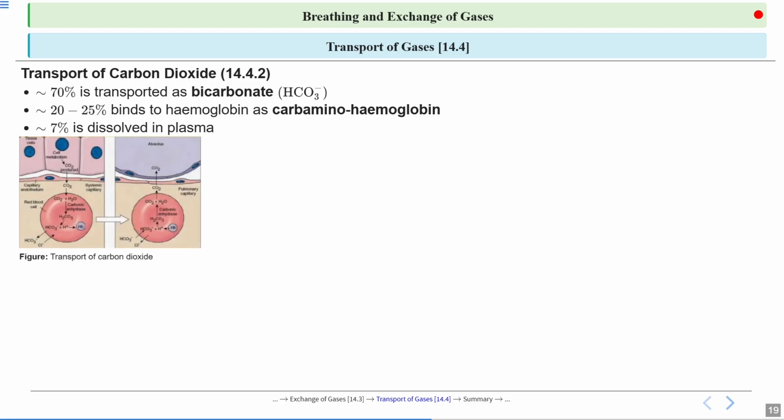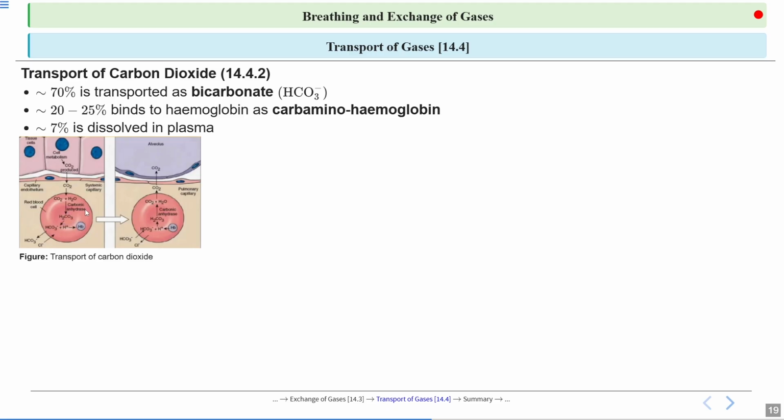So here you can see this is a tissue. Inside the tissue, carbon dioxide is produced. Now carbon dioxide passing through the blood, and here you can see the RBCs are there. Now this CO2 is entering inside the RBC, and there H2O is there, so it combines with the H2O and forms H2CO3.